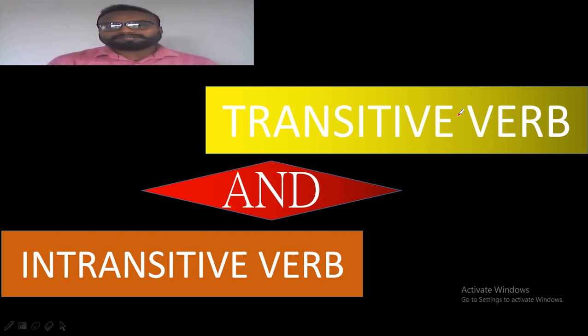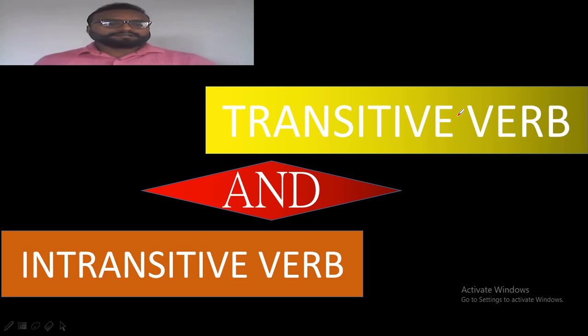At the same time, intransitive is just the opposite of transitive. There are a number of action words whose effects remain limited to the verb itself or to the doer itself. That type of verb is known as an intransitive verb.